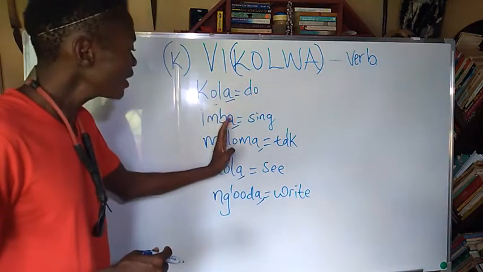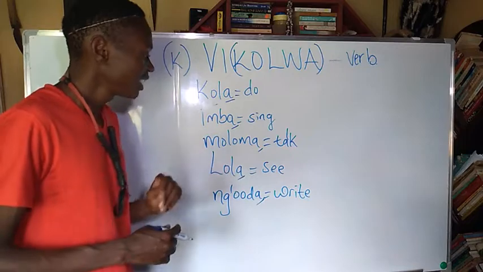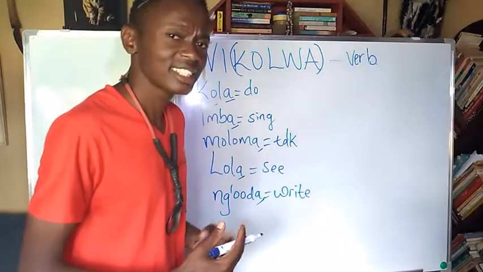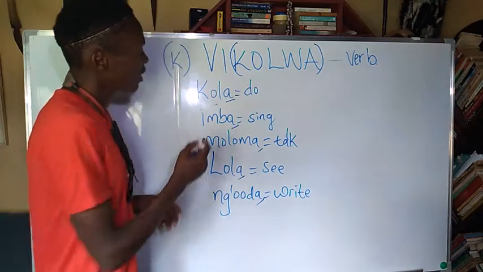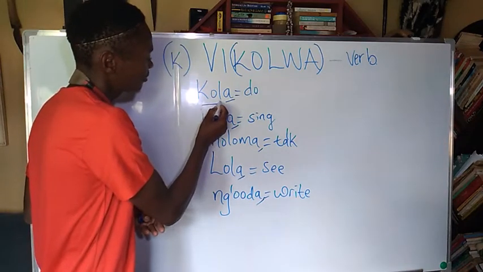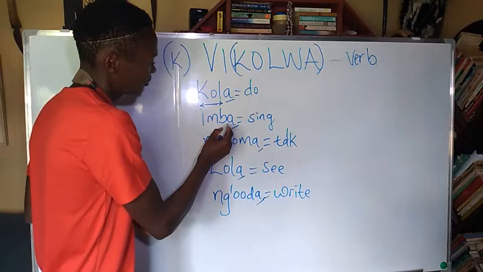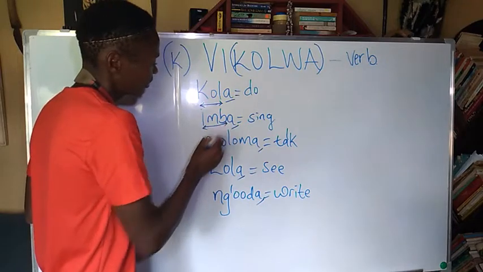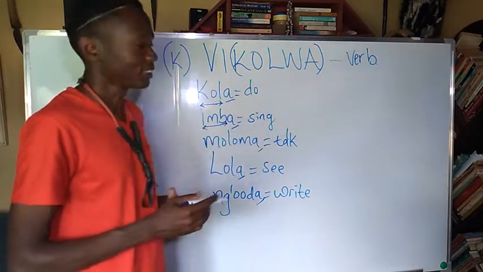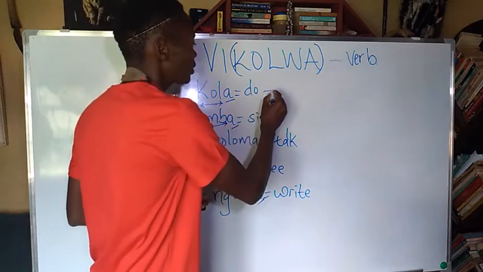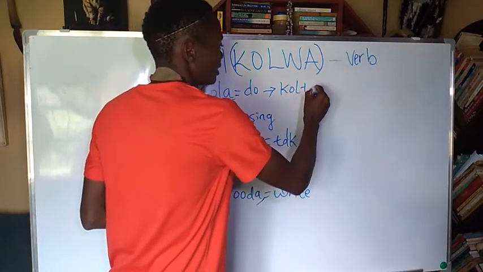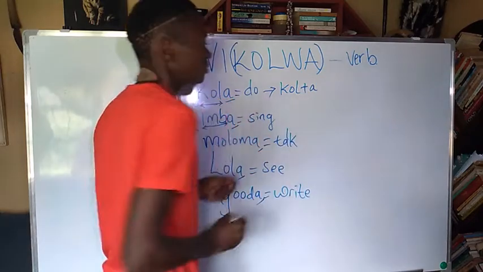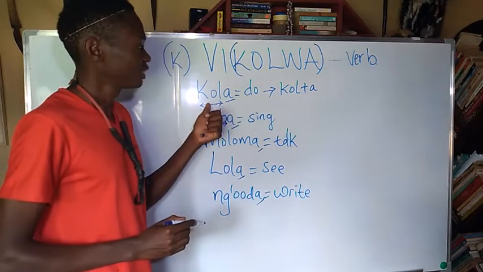And by ending with this vowel, it brings a certain characteristic of a word that we can say we have this part of the word and the end part. So that if we are to extend this, we can say we have kor plus a to get kora, do.